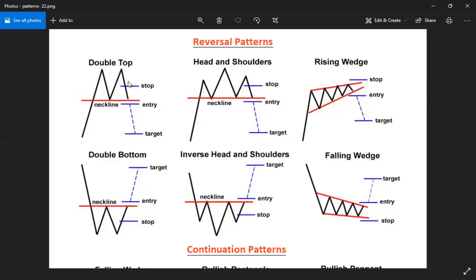I repeat, the double top formation is a pattern that happens in an uptrending market.